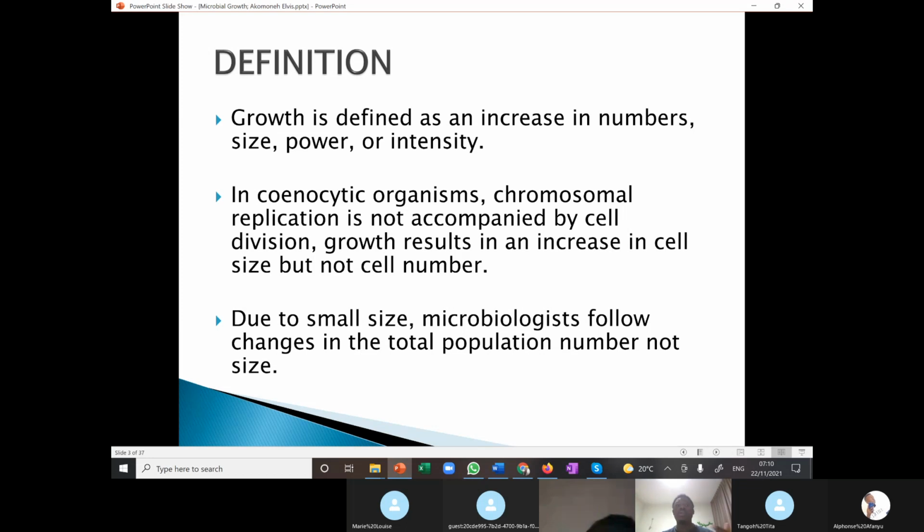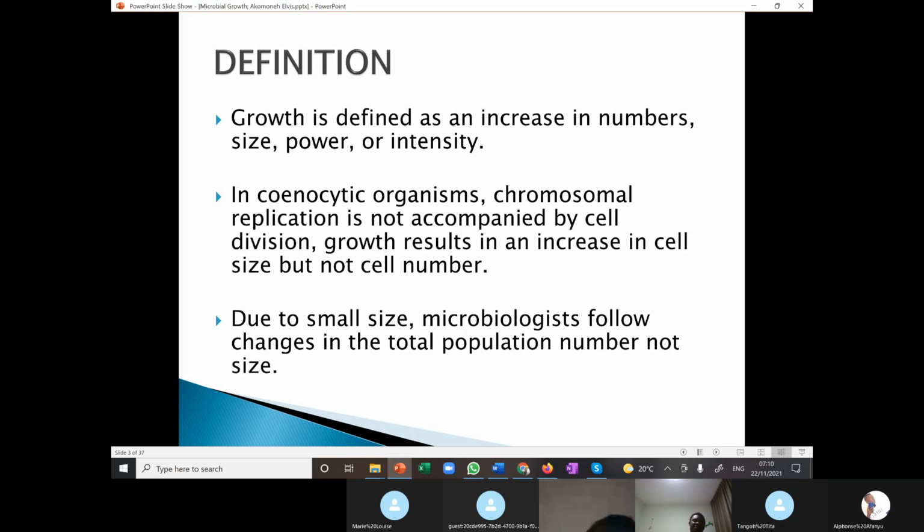We must note that in some multicellular, multinucleated organisms, chromosomal replication is not accompanied by cell division, which means that the cells are still together, but they have an increase in the number of nuclei.